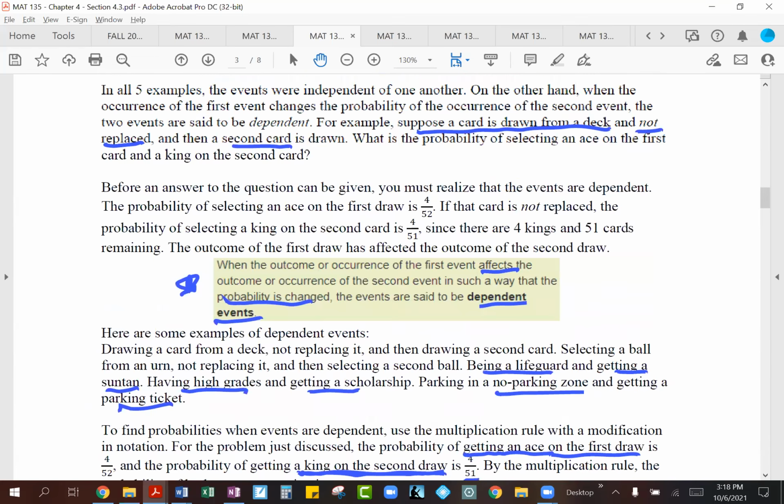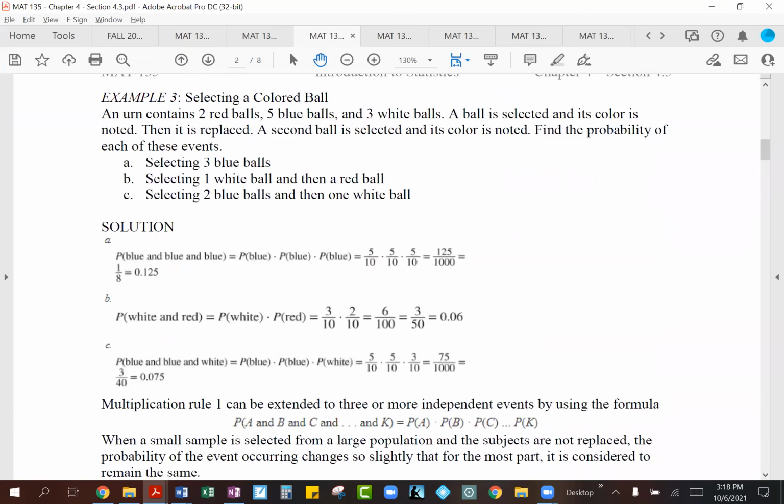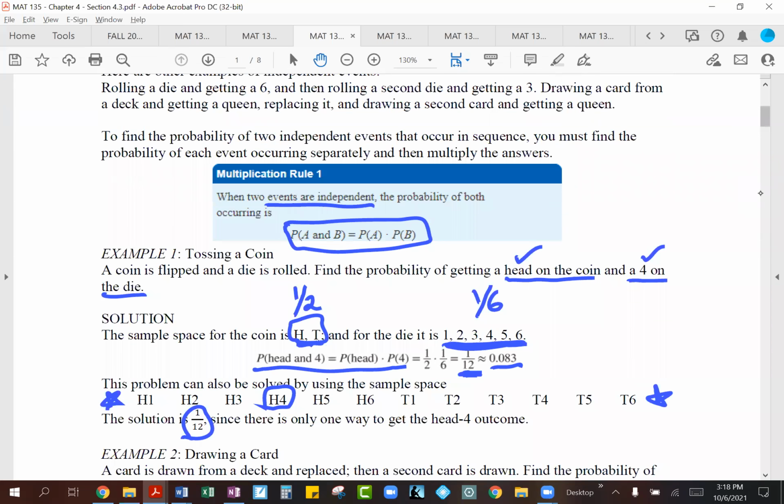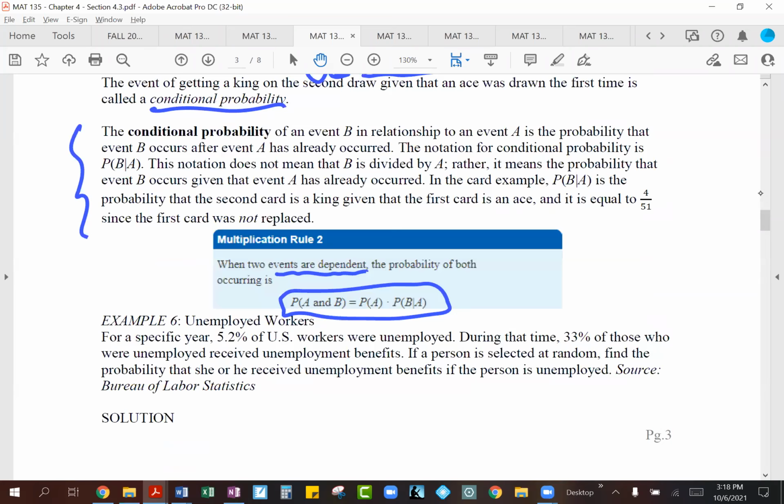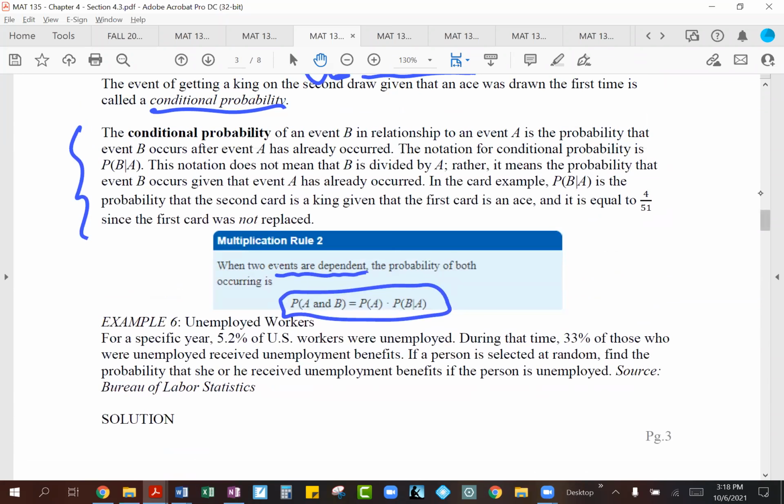So with independent events, you just had to multiply the probability of event A with the probability of event B, right? This was independent events. For dependent events, you actually have to use conditional probability. So you are multiplying probability of A with probability of B, given that probability of A already happened and it has affected the probability of your second draw or second event, which is dependent on it.